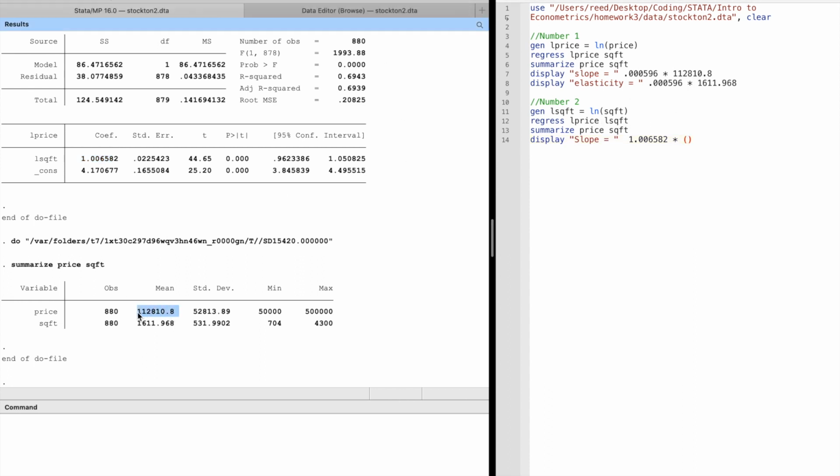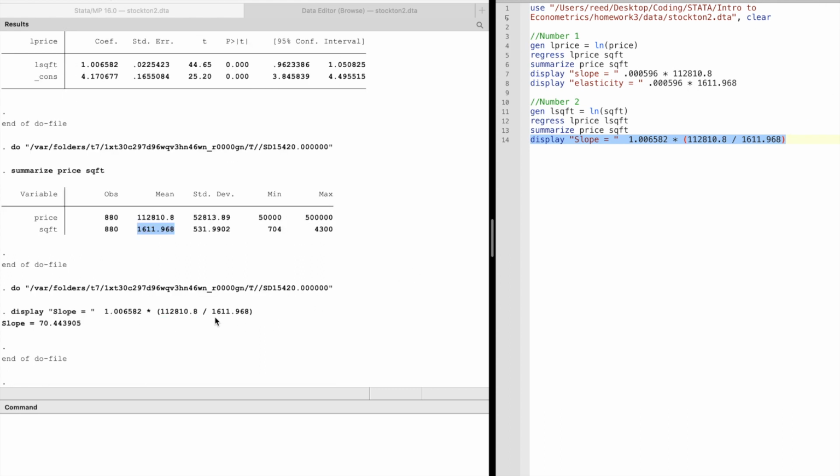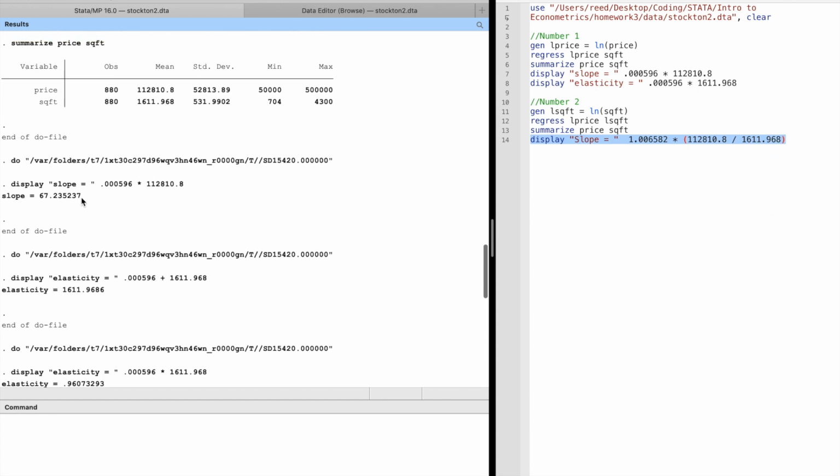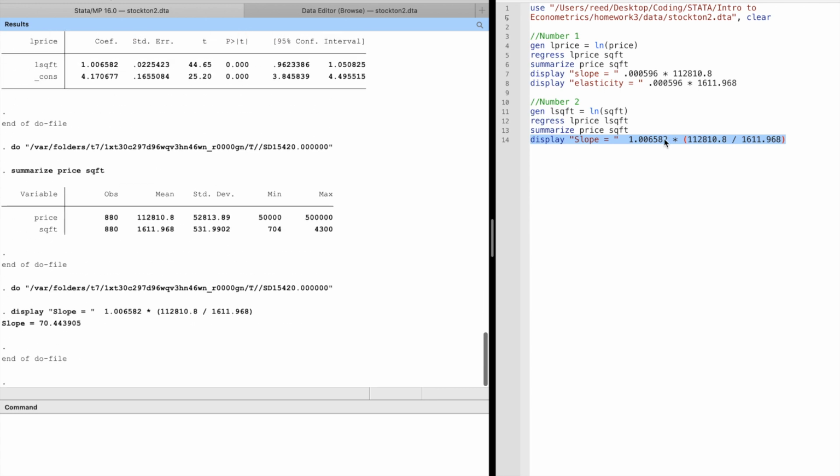So here's our mean price. Here's our mean square footage. And we get 70.443. So that was pretty similar to the last one, but again, we're using a different model, so we're going to get slightly different estimates.